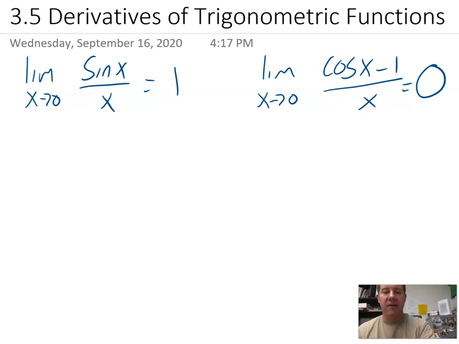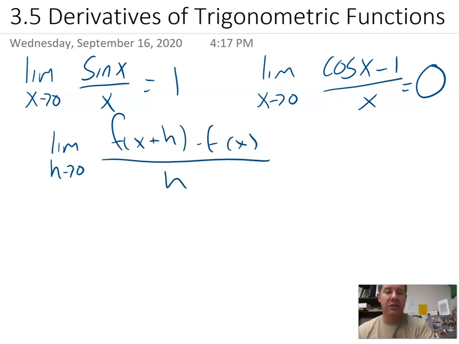All derivatives come from the limit definition, or one of our limit definitions. One being the limit as h approaches 0 of f of x plus h minus f of x all over h, right? Anything we do with derivatives comes from that limit definition right there. So let's go back now and see if we can derive what the derivative of sine x is.